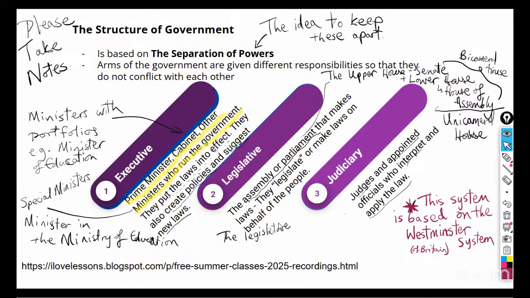Yeah, the military, the army, the Coast Guard, they would fall under judiciary. Judiciary, we think judges, but it's all the people who have to apply and interpret the law.